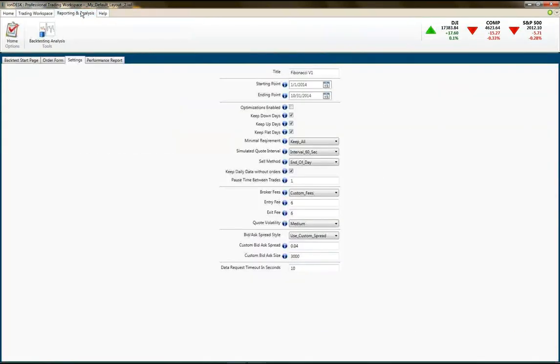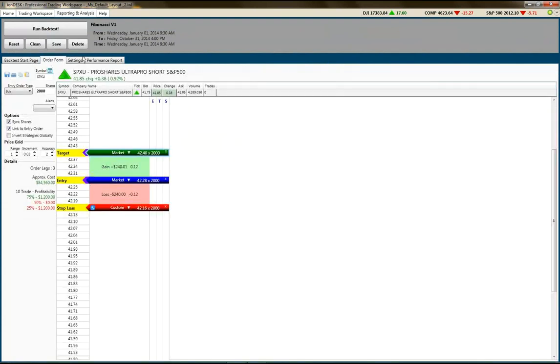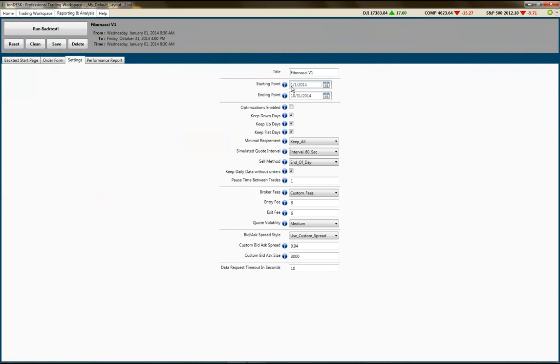Now, I'm going to show you the back testing in conclusion. I'm going to set up a few dates here. Let me see, find out which one I have loaded. So I've got my Fibonacci thing loaded, and I'm just going to set this to, let's see, let's put it on the 10th.